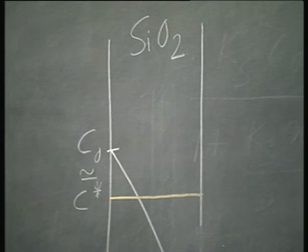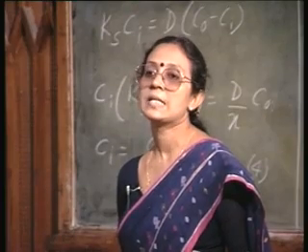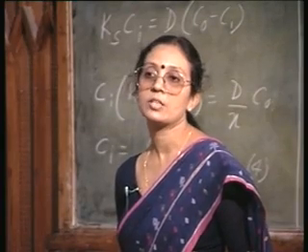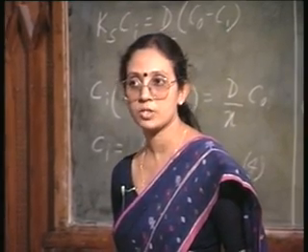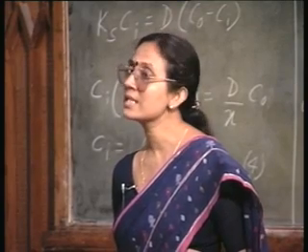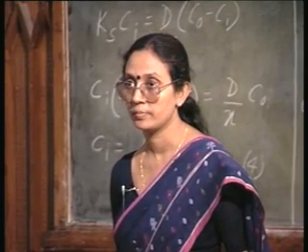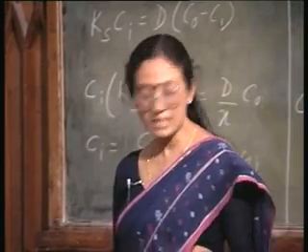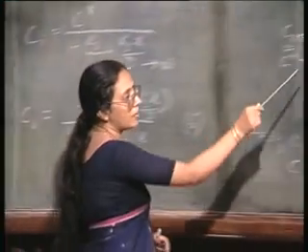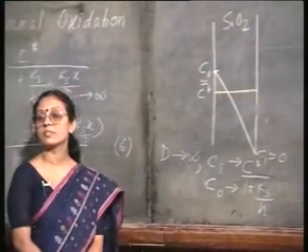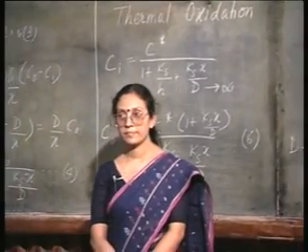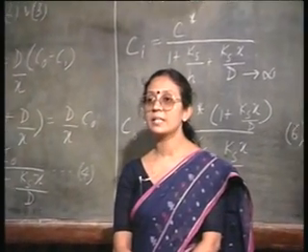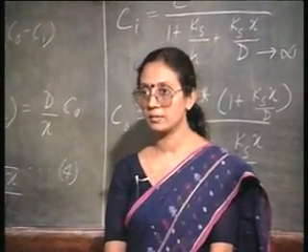That is, physically speaking, what I am trying to say is that the availability or the diffusion of oxidizing species through the oxide is not posing a problem. The problem is, after the oxidizing species have reached the interface, how fast can they react with silicon.